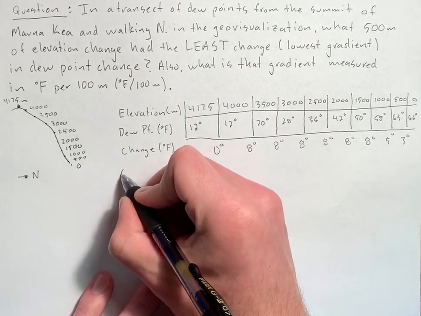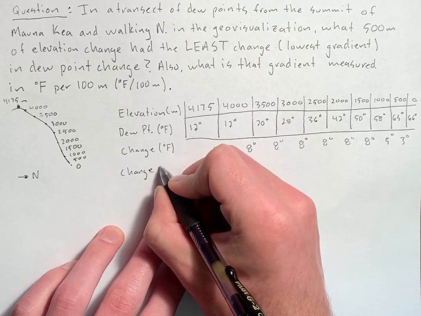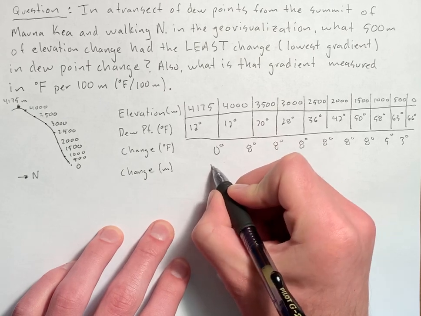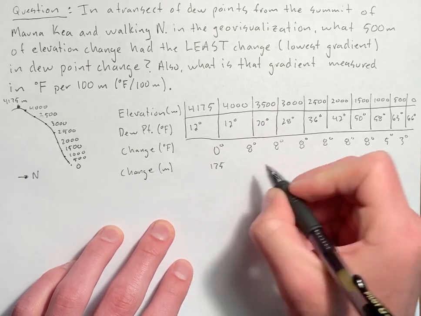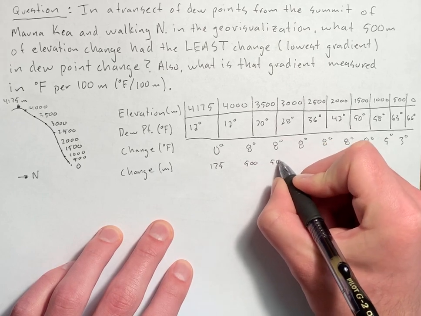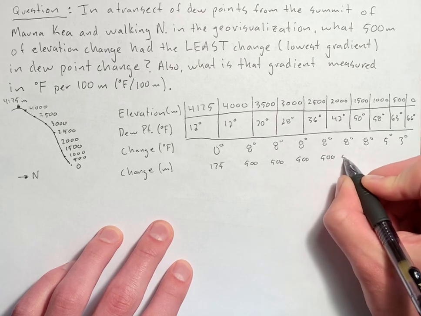And our change in elevation is right here, 175 meters. And everywhere else it's just 500, because we're going by 500 meter intervals.